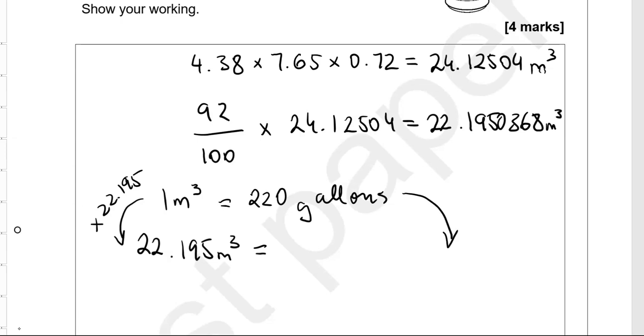So we'll do the same on the other side. So 220 times 22.195 gives us 4,882.9 gallons.